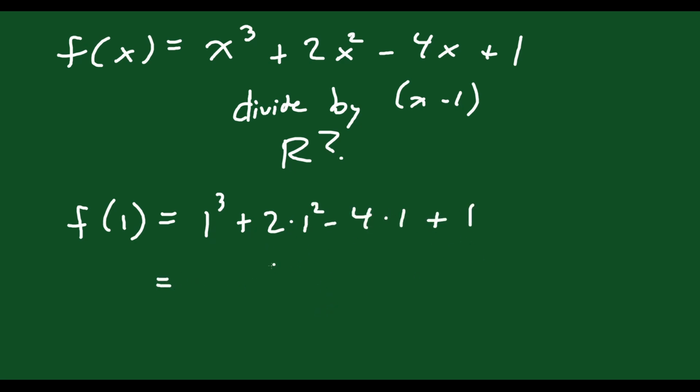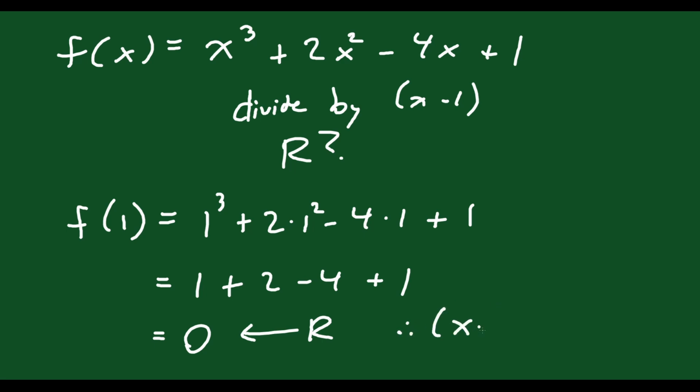Well, you get 1 plus 2 minus 4 plus 1. Add these together, you get 0. So the remainder is 0. If the remainder is 0, then you can draw the conclusion that therefore x minus 1 is a factor. So again, the factor theorem is just a special case of the remainder theorem where it happens to work out to 0, where your remainder is 0.